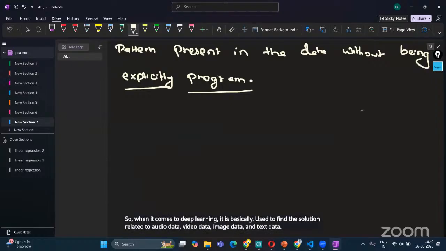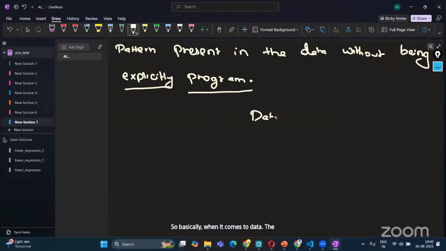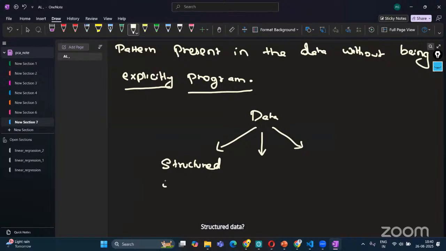When it comes to data, it gets classified into several parts, but here we focus more on structured data, semi-structured data, and unstructured data.